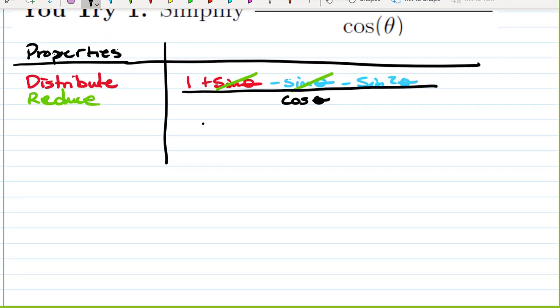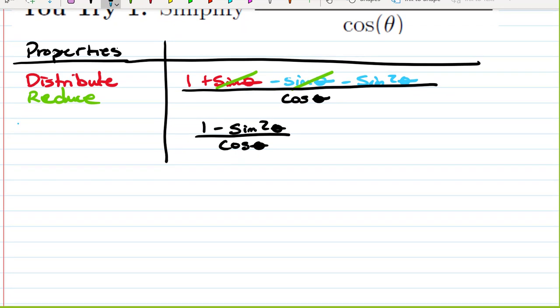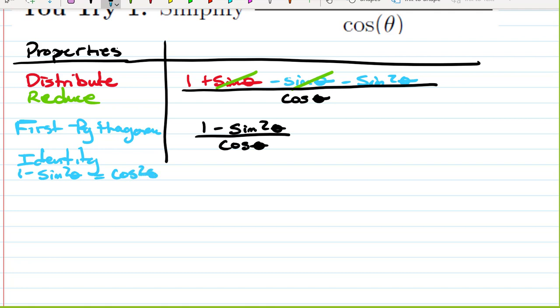So finally, we get 1 minus sine squared theta over cosine theta. And then we're going to use the first Pythagorean identity, which is 1 minus sine squared theta equals cosine squared theta.